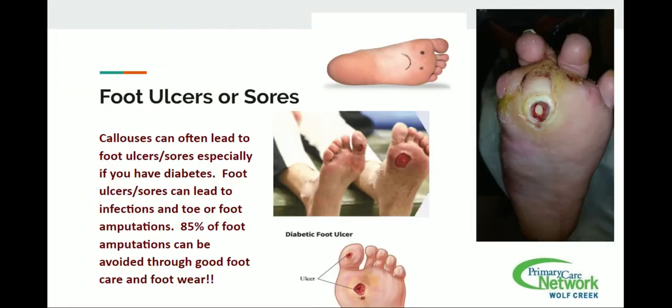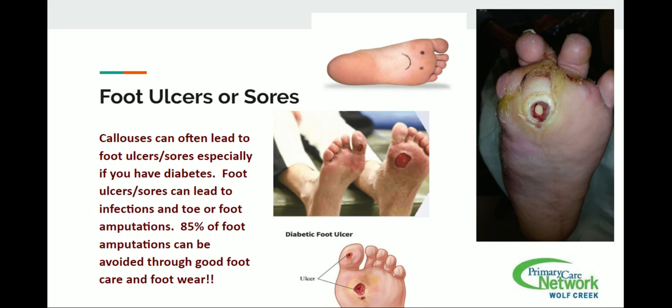Moving on, we're talking about foot ulcers and foot sores. Okay, this is a very common problem that we see, especially in individuals that have diabetes. Now, as you can see on the screen, calluses can often lead to foot ulcers and sores, especially if you have diabetes.